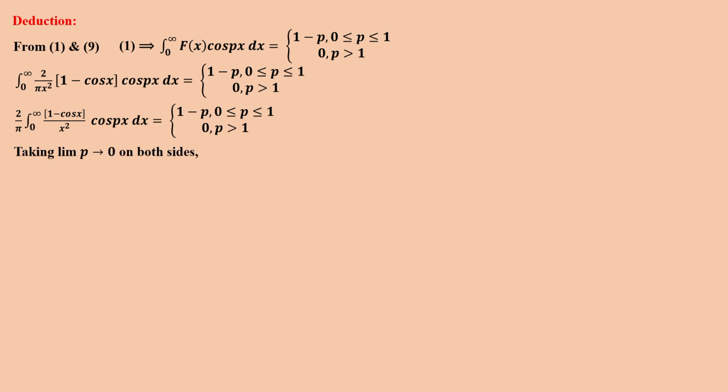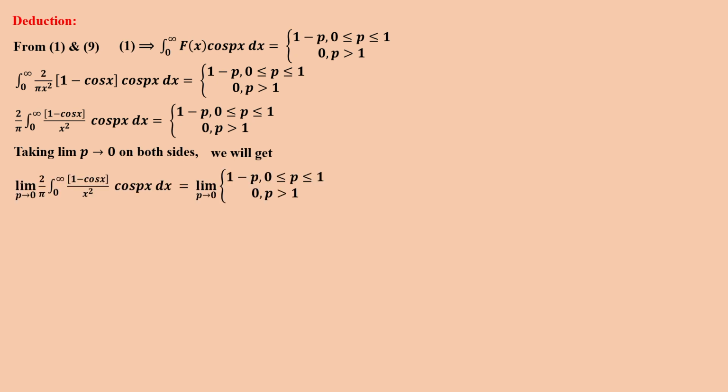Taking the limit p tends to 0 on both sides, we get limit p tends to 0 of 2 divided by pi integral 0 to infinity of (1 minus cos x) by x square cos px dx, which is equal to limit p tends to 0 of 1 minus p, p lies between 0 and 1, and 0, p greater than 1.